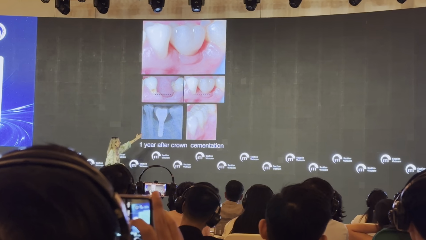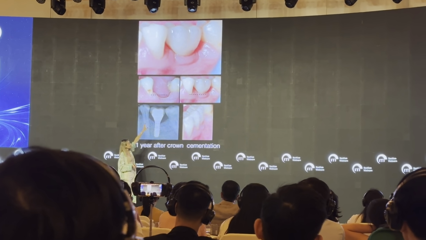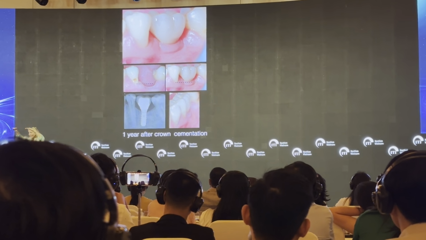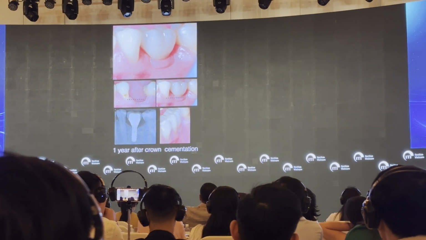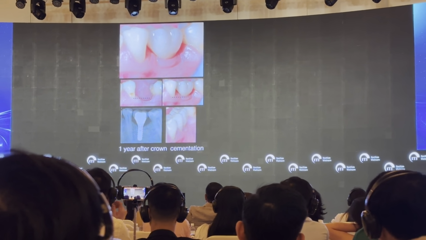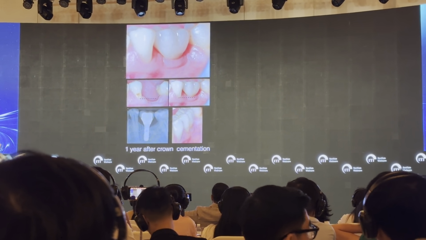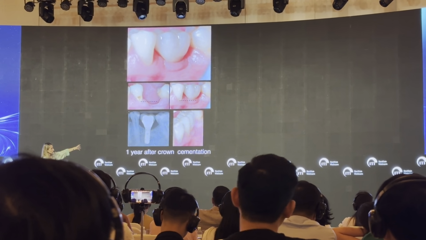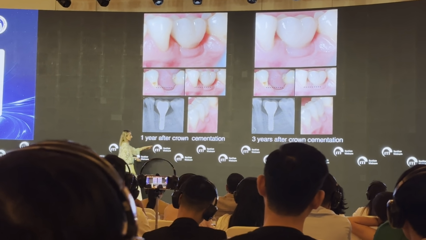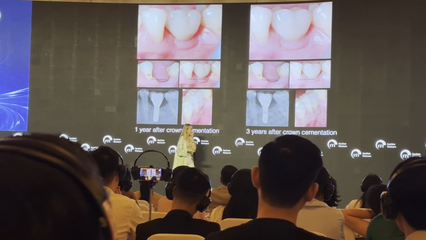This is 1 year after loading, and you can see, comparing the baseline situation with the final restoration, that the mucosal margin of the implant supported restoration is in the proper position, thanks to the coronal advancement of the flap that is maintaining that position thanks to the connective tissue graft. And in the profile pictures, you see that the concavity that was present at baseline is completely solved, providing a nice emergence profile for the patient.